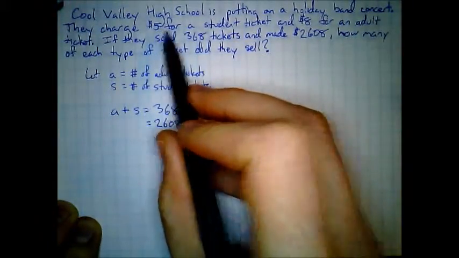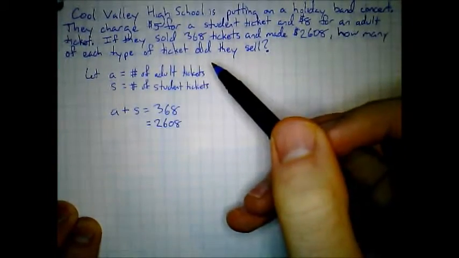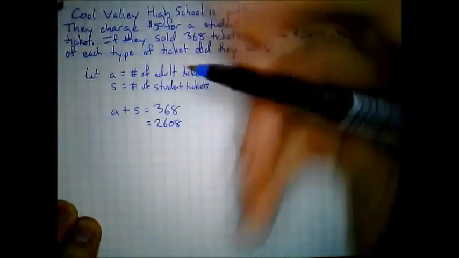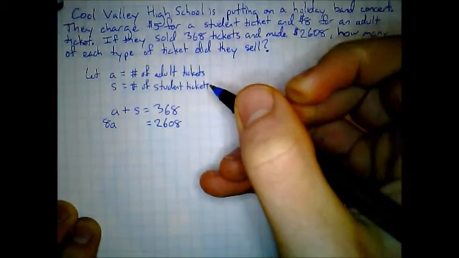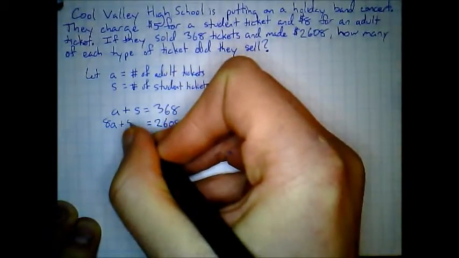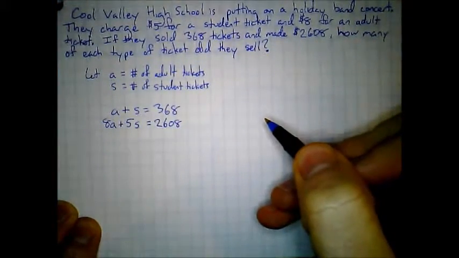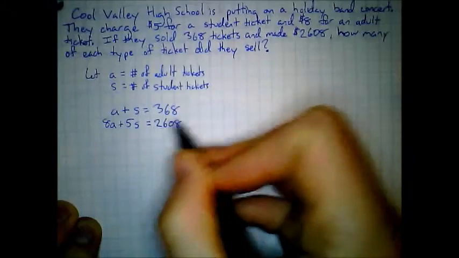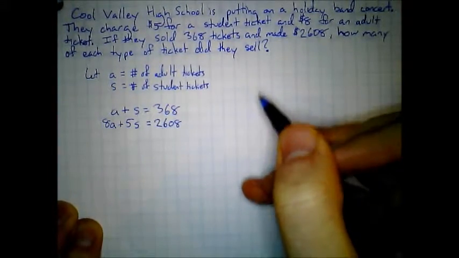Well, they get $5 for each student ticket and $8 for each adult ticket. Well, so it's $8 for every adult ticket. So we're going to do 8 times the number of adult tickets we sell, and it's $5 for every student ticket, so we're going to do $5 times the number of student tickets we sell, and that gives us the total $2,608.